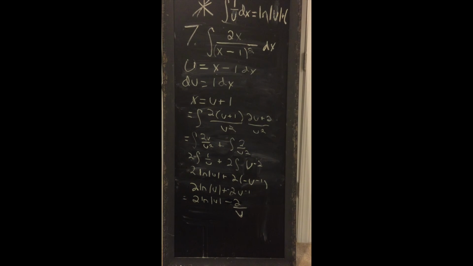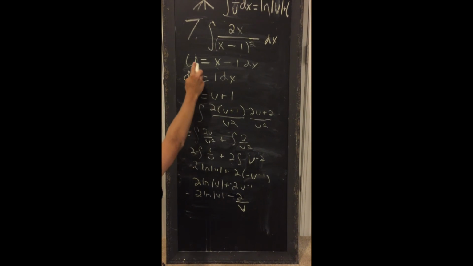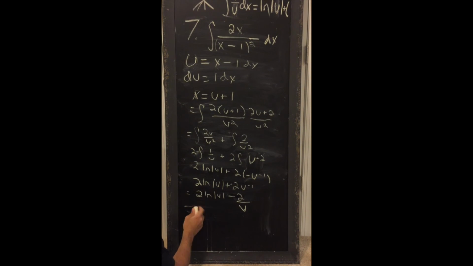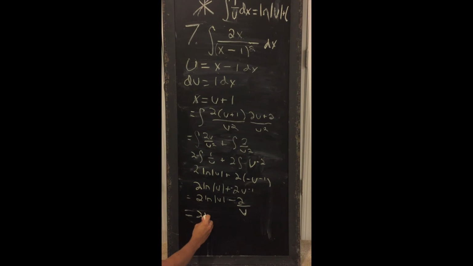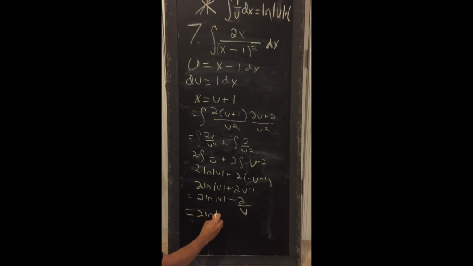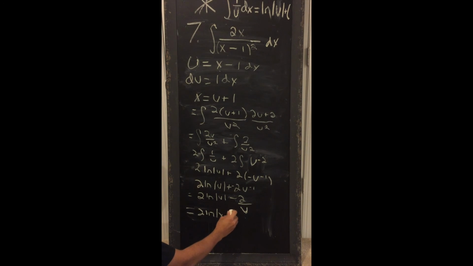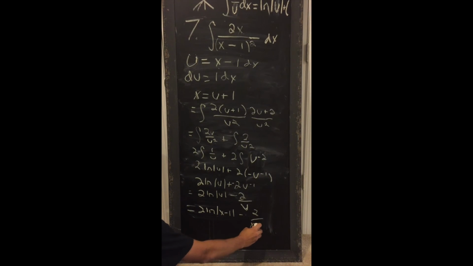Alright, so now we have u's, which we can substitute back in for the original x minus 1. So for our final answer, we get 2 natural log of the absolute value of x minus 1 minus 2 over x minus 1.